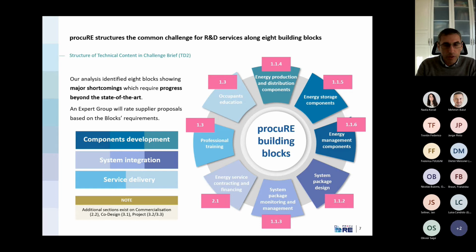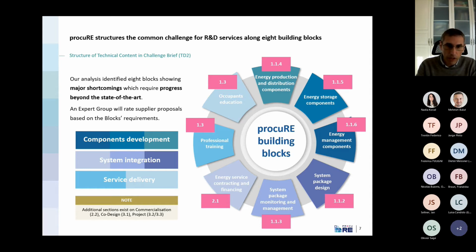Here you see the 8 building blocks, the 8 challenges, organized into devices and units that are to be installed to retrofit the building, which is energy production and distribution components. Then we have challenges into storage components and then energy management components.